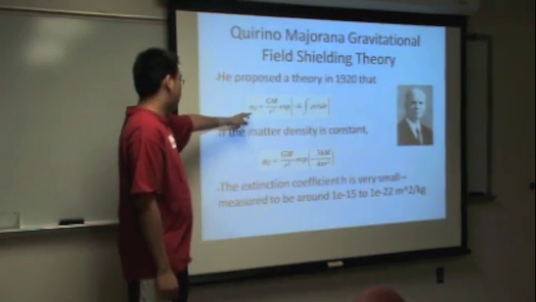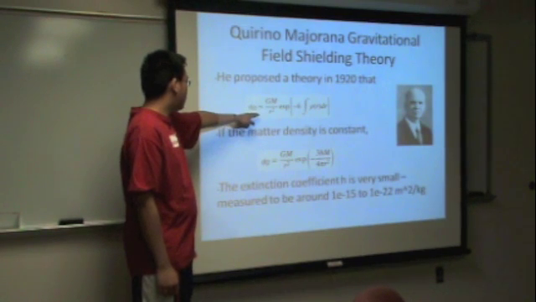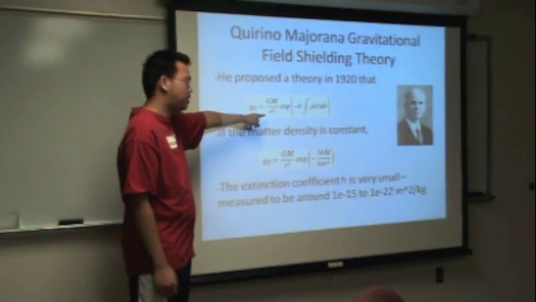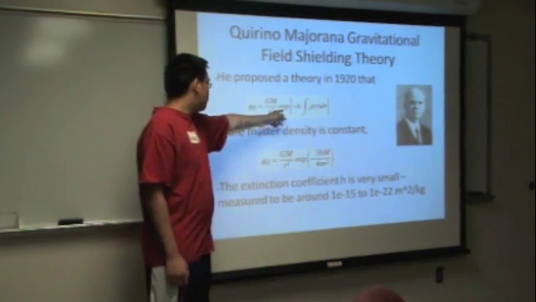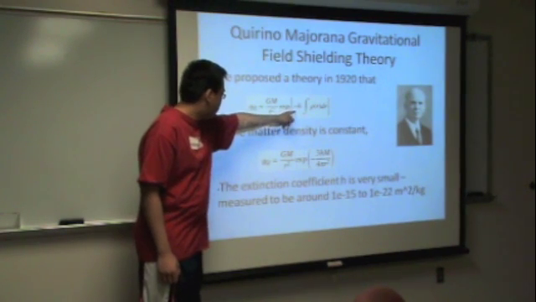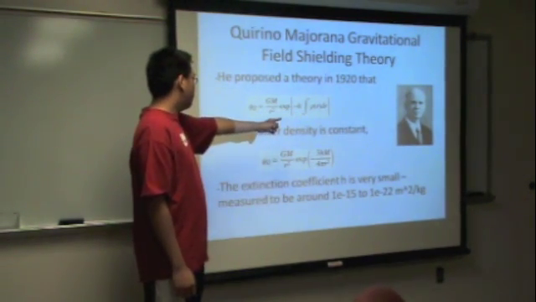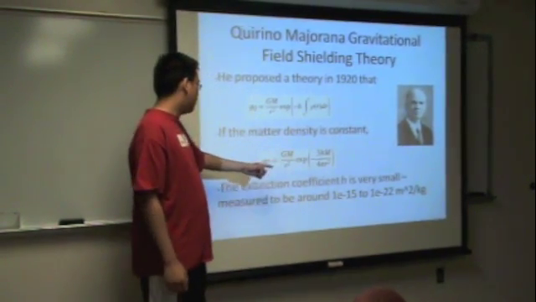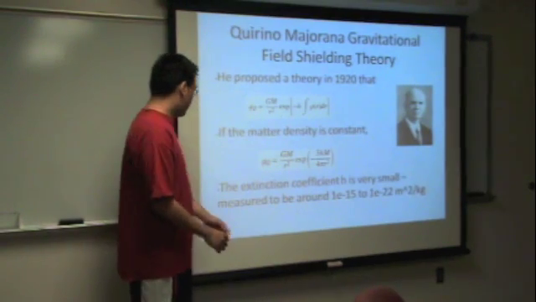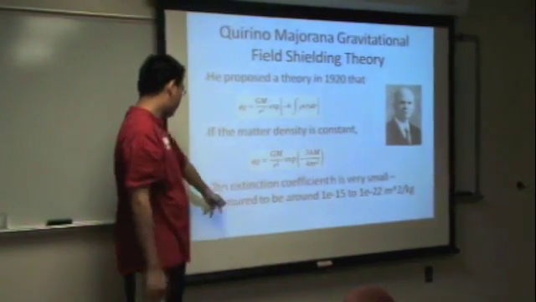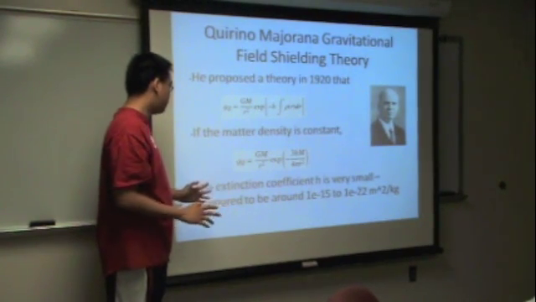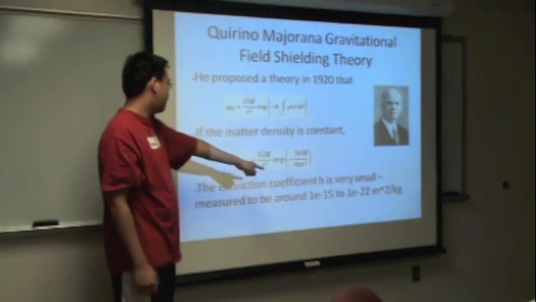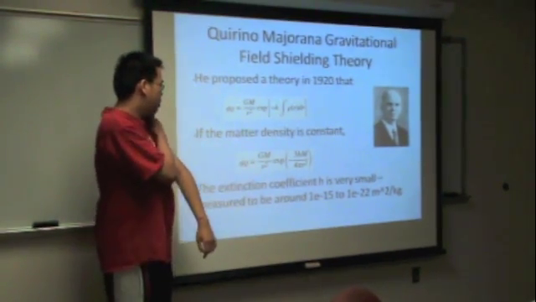He proposed that G equals Newton's gravitation law times e to the power of -h integral rho r dr, where rho r is the matter density, and h is the extinction coefficient, which is measured to be very small, around 10 to the -15th power to 10 to the -22 power.